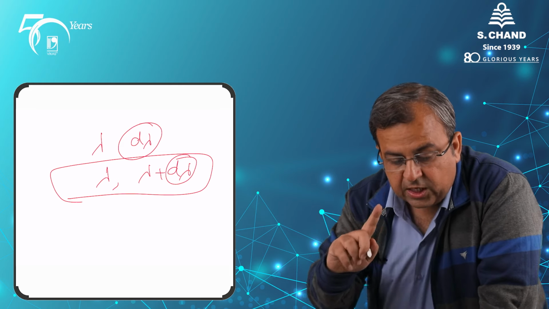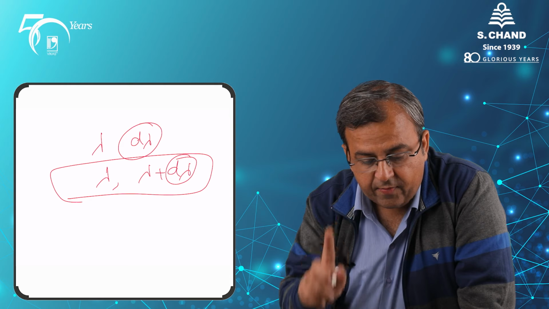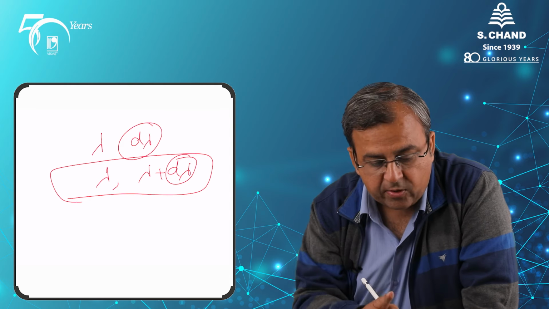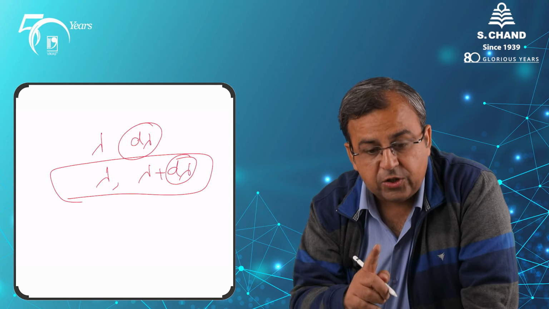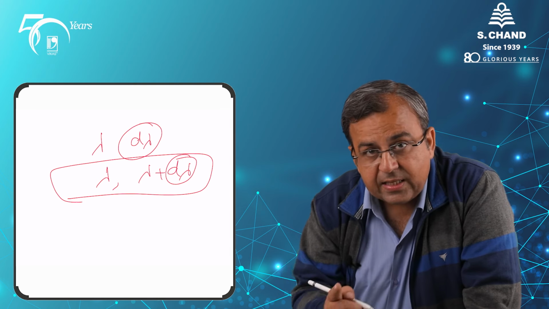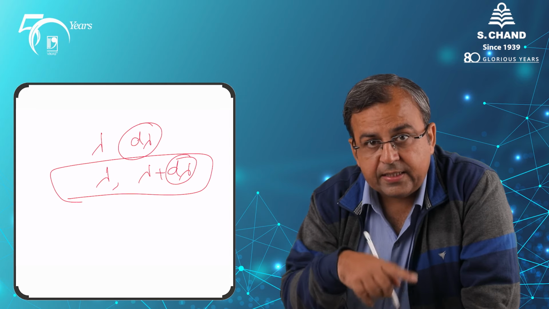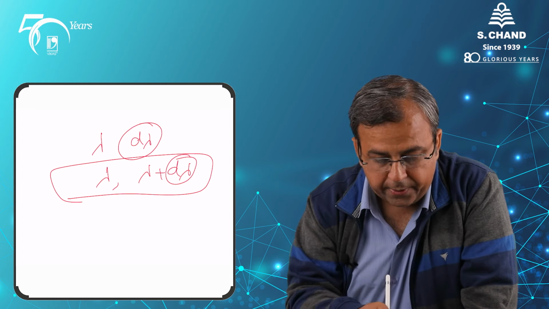So it means the resolving power of the grating is defined as the ratio of the wavelength lambda of any spectral line to the smallest difference in wavelength d lambda between this line and the neighboring line, such that the two lines appear to be resolved, right?